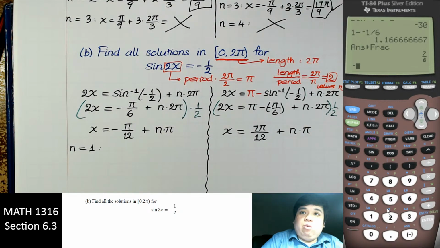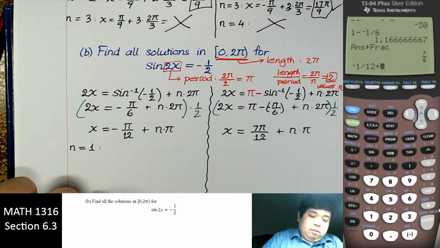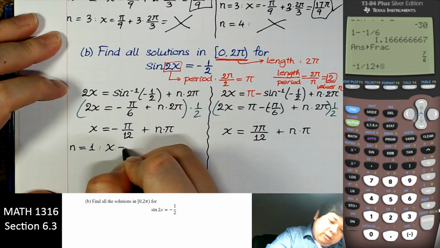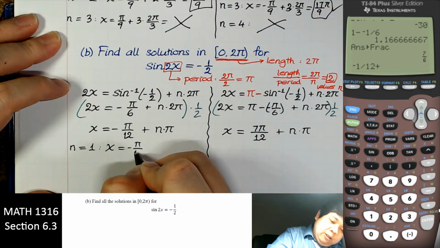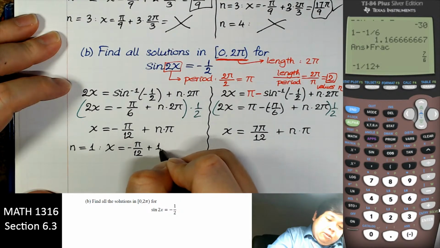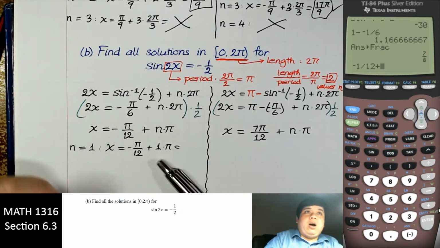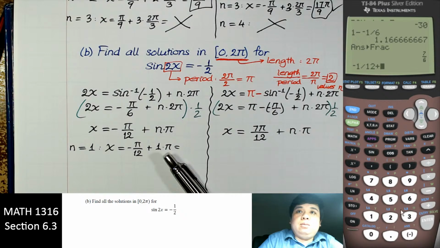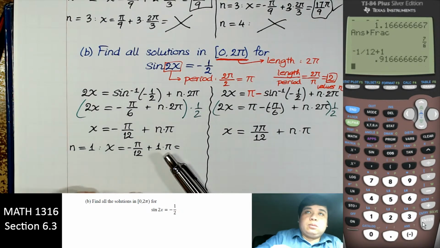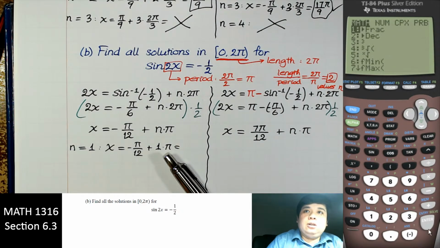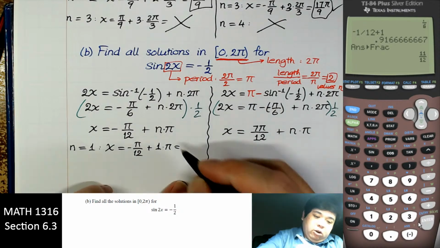And we have negative 1 over 12. Just going to write down plus 1 pi, which is 11 over 12.